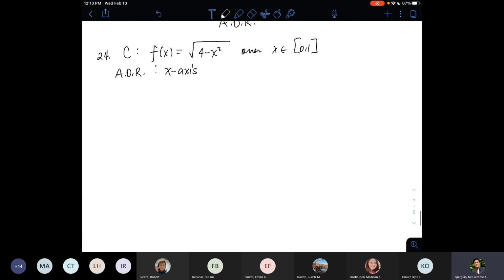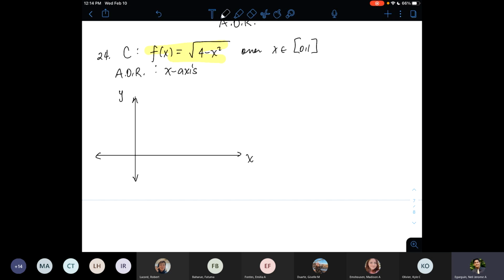Okay, so let's look at how the region looks. I guess for surface areas, actually, it's still important even for surface areas because we need to look at the radius. How far is the arc from the axis of revolution, right? If you look at the function f, this is the upper semicircle with center at the origin and radius 2.